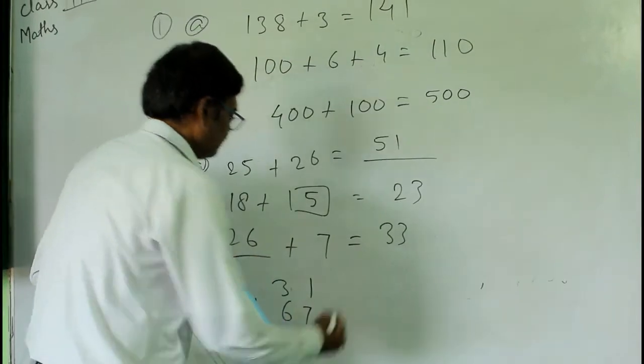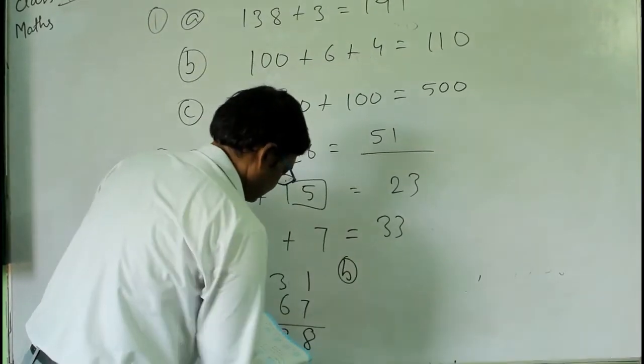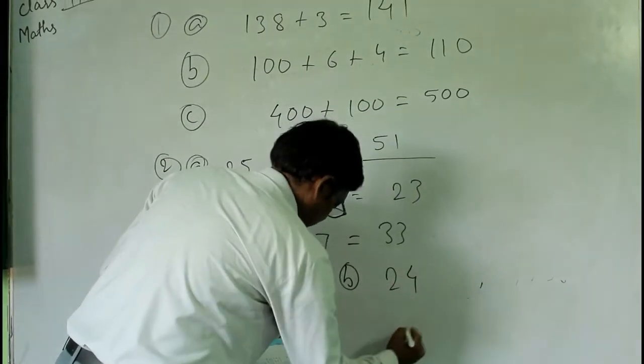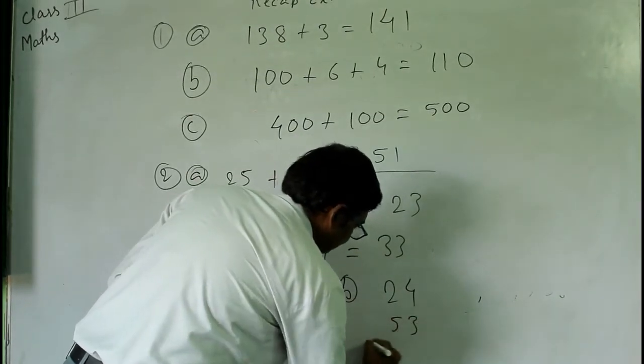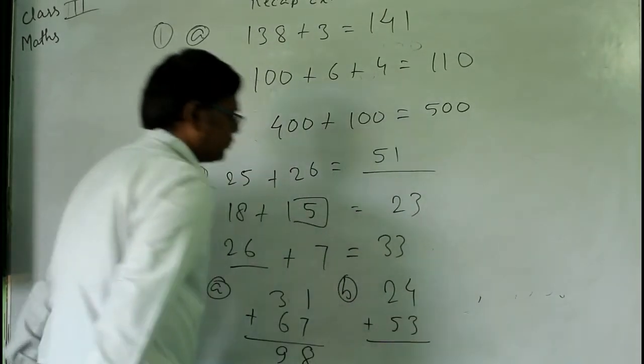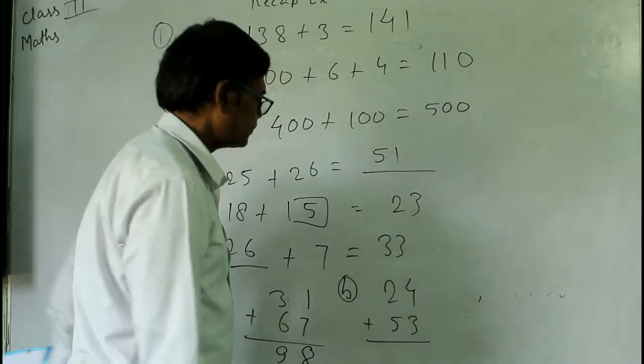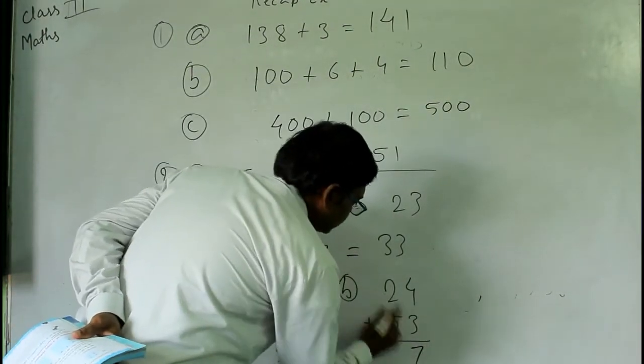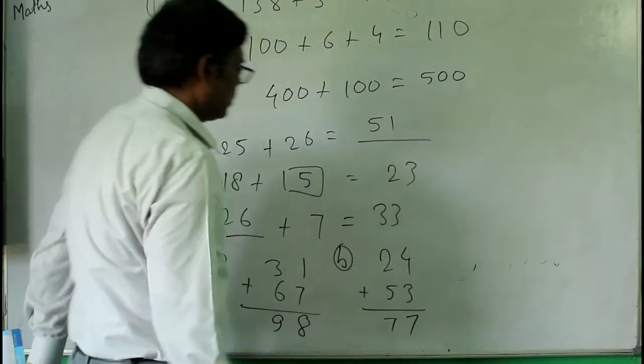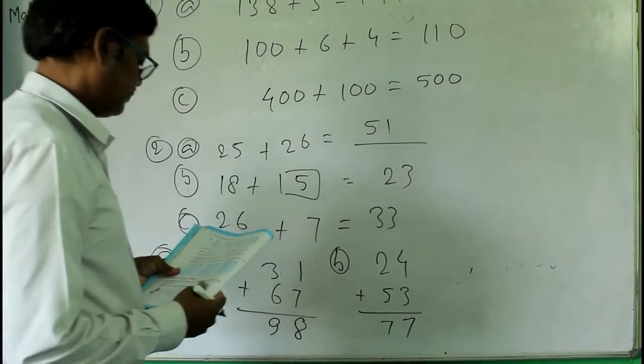Question number B, 24 plus 53. 4 plus 3 is 7 and 5 plus 2 is also 7. So answer is 77.